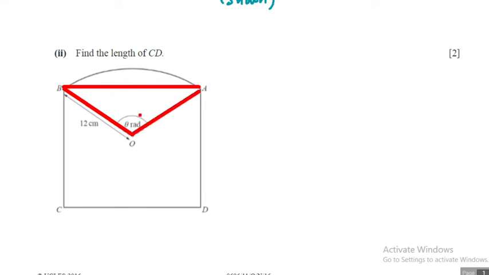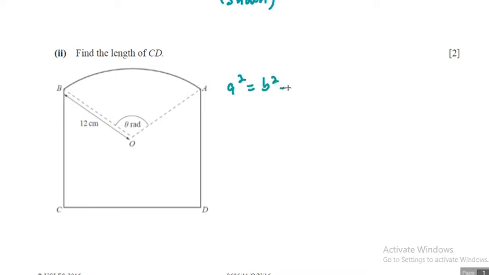We know the value of theta already, 1.92, and the radius is 12, so OA is also 12. By applying the cosine rule, I will write first: a squared equals b squared plus c squared minus 2bc cos A.